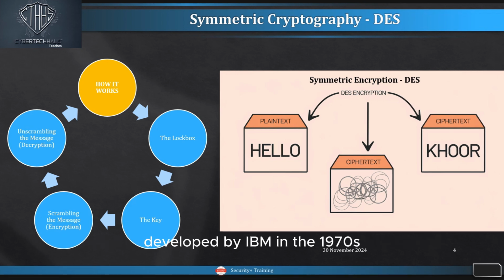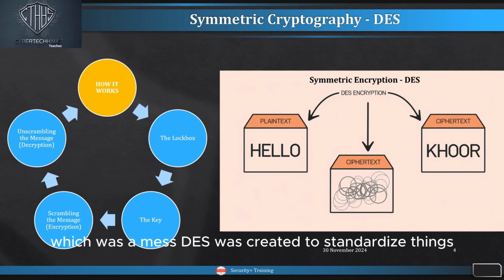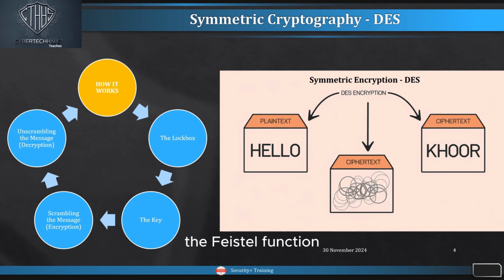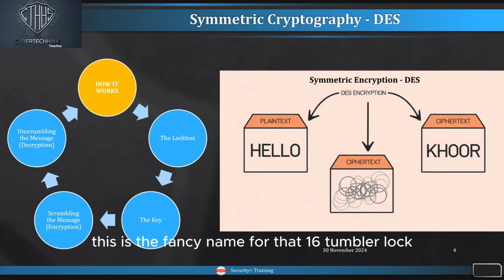Developed by IBM in the 1970s, back then everyone had their own secret codes, which was a mess. DES was created to standardize things, like having one universal language for secret messages. The Feistel function. This is the fancy name for that 16-tumbler lock.